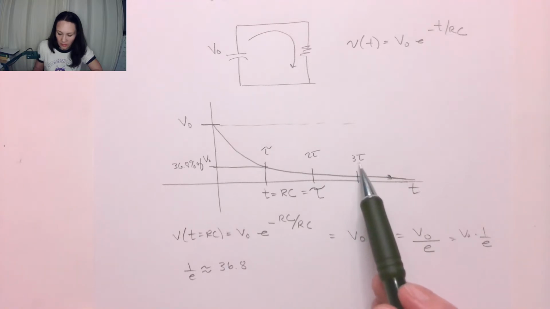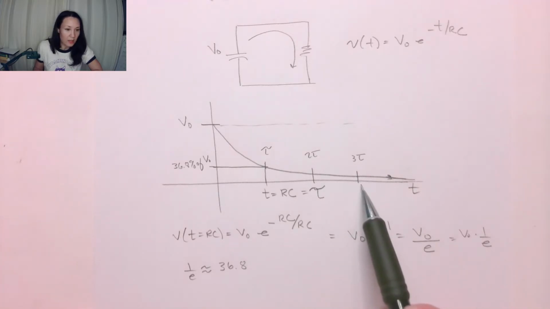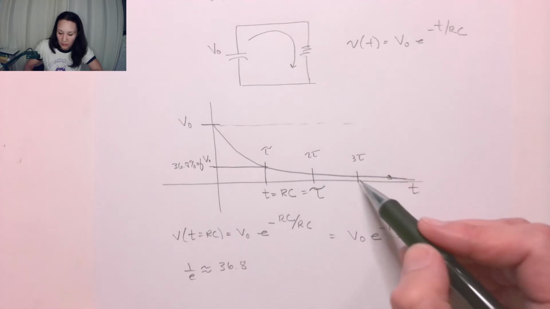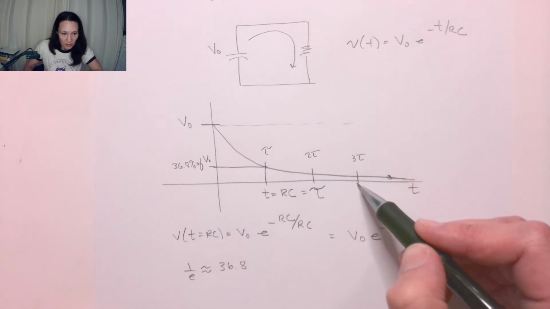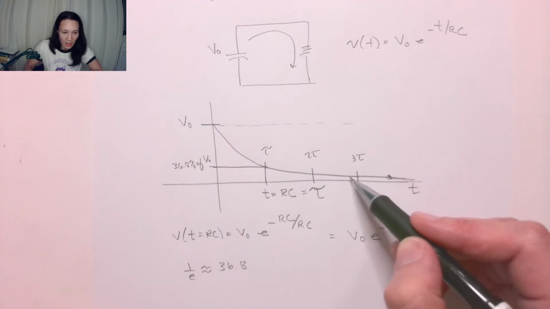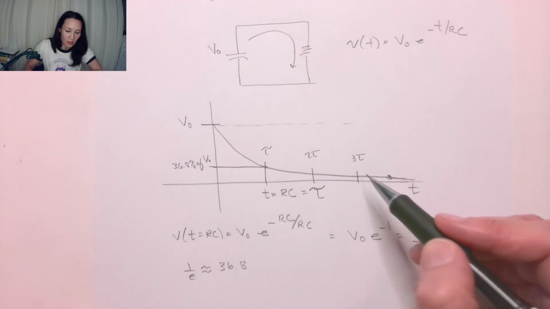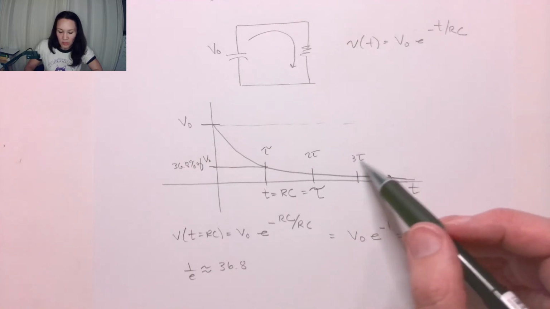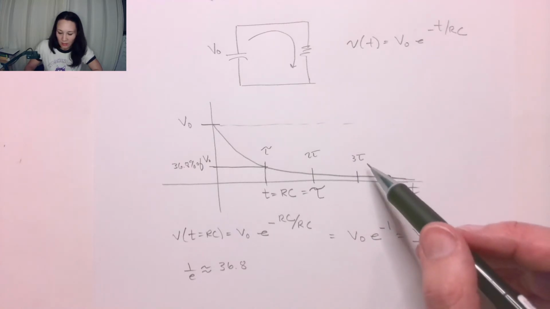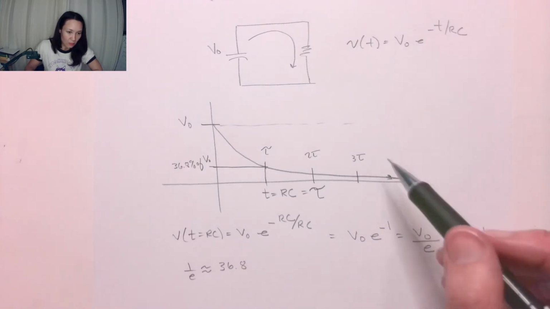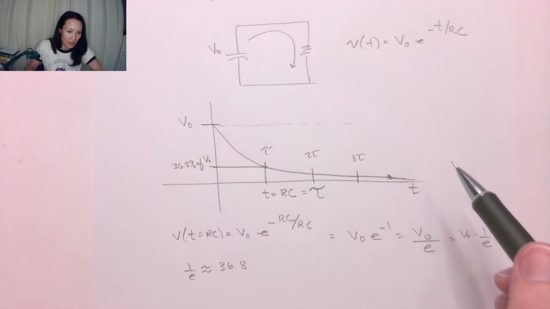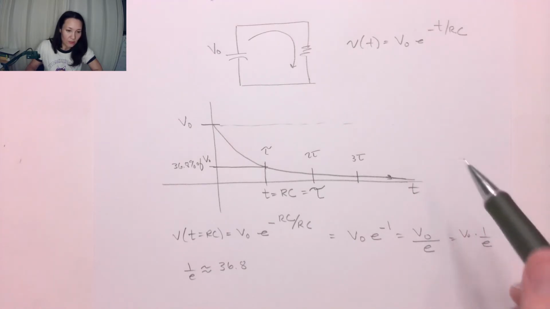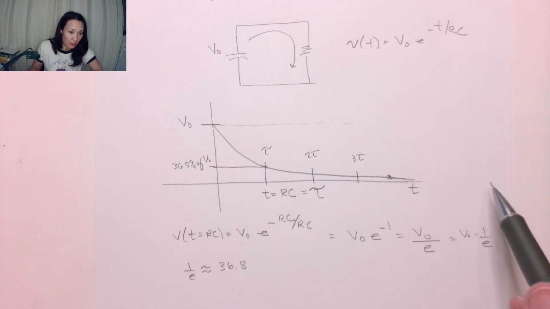Basically 3 times RC would give you a really, really small voltage difference between 0 and whatever your voltage is, and we would consider this to be roughly completely discharged. If you say 3, 4, or 5 tau, we would consider that to be pretty much fully discharged, even though mathematically it's not exactly 0.